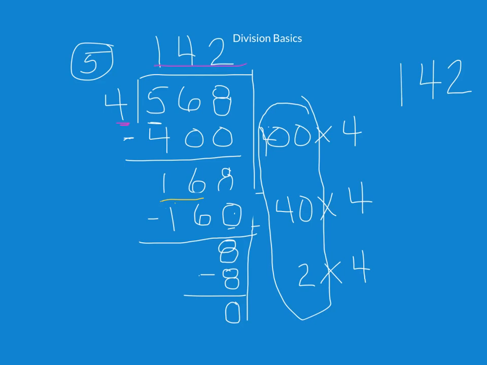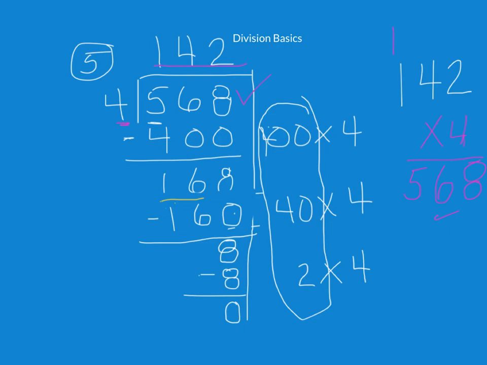So 4 times 142: 4 times 2 is 8. 4 times 4 tens is 16 tens. Regroup the 10 tens. 4 times 1 is 400, plus the 100 I regrouped would be 568. And that matches my dividend. So, hooray, we did it correctly.